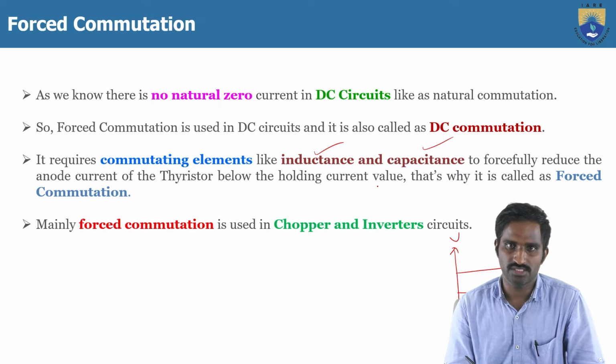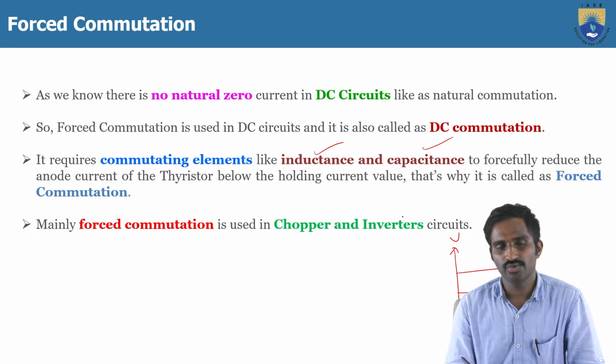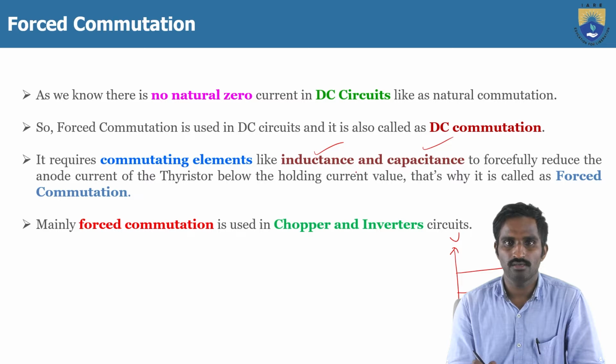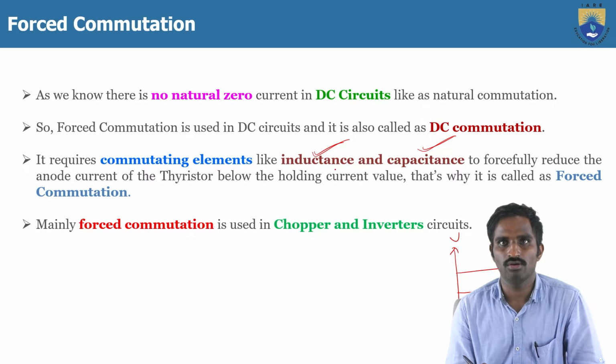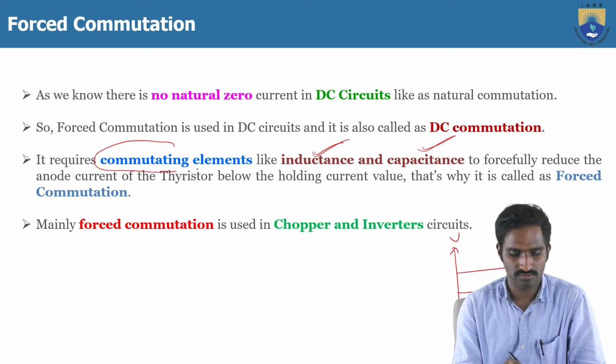In the commutation circuit, we develop a circuit to turn off the particular thyristor. The major components in that circuit are inductors and capacitors, which is why they are called commutating elements.